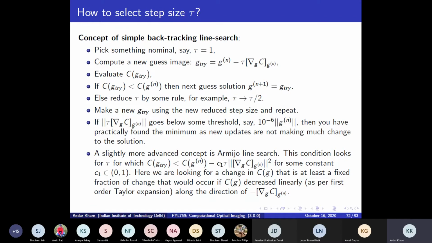And what I want is that if I just did a first order Taylor expansion, I will reduce the cost function linearly by some quantity. And I want that the change that would occur now because of my tau should be at least as much as some fixed fraction C1 of the change that is going to happen due to the linear, first order Taylor expansion.